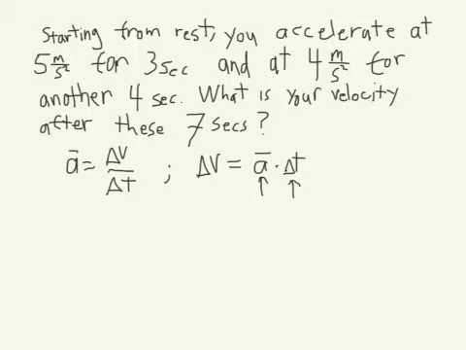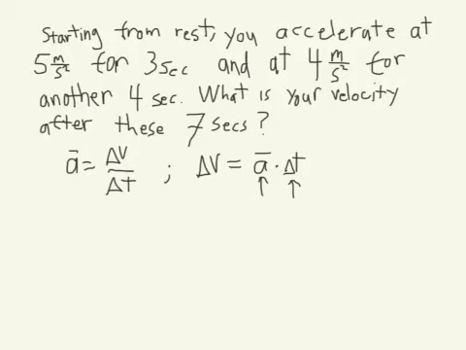But it's not going to be really easy to find the average acceleration. We know it's somewhere between 5 and 4, probably close to 4.5. But we accelerated at 4 meters per second squared just for a little bit longer than we did at 5, so it's going to be somewhat less than 4.5. I'm just going to classify finding the average acceleration as a pain in the butt.